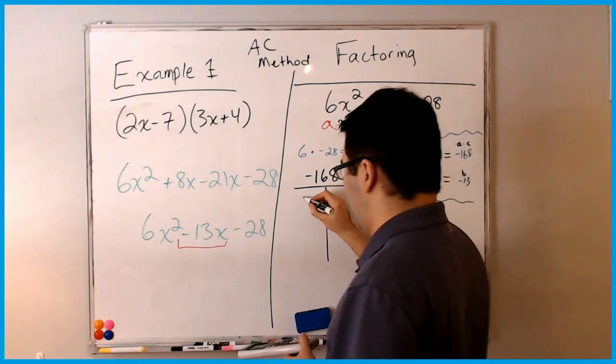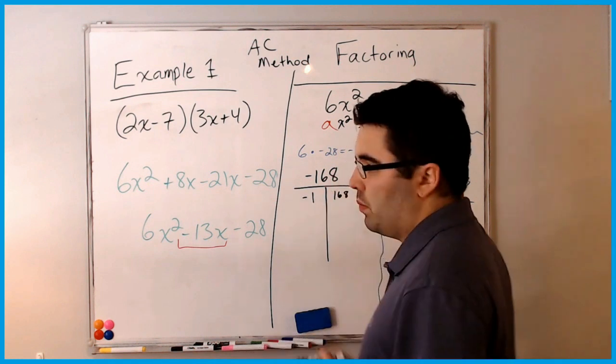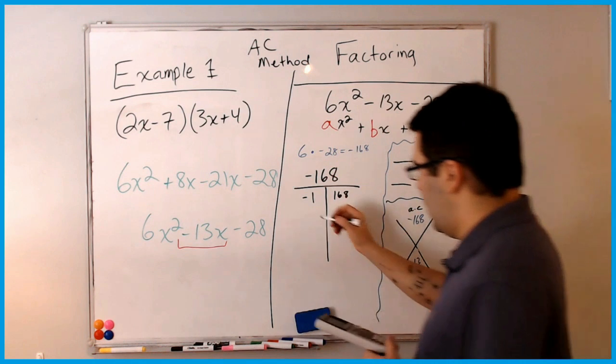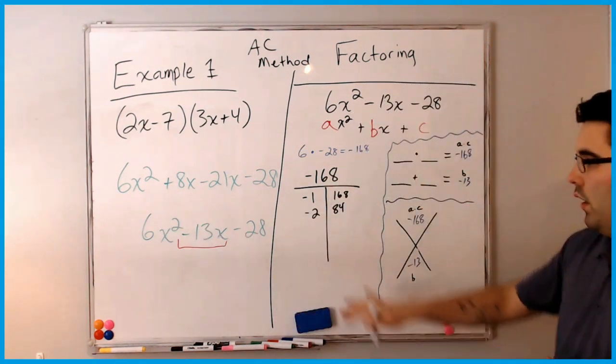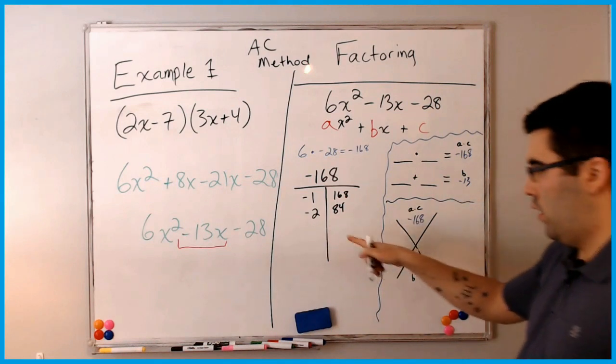I'll put the information on here anyway. Negative 1 times 168 is one way you can split that up. Negative 2 times 84 is another way. Again, if we add these together, we do not get negative 13, so those are not the numbers we need.